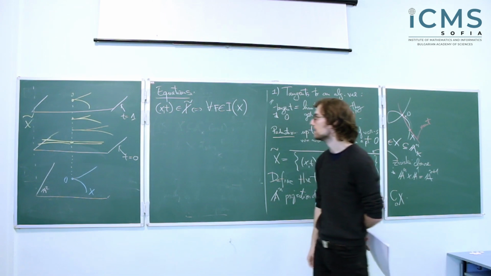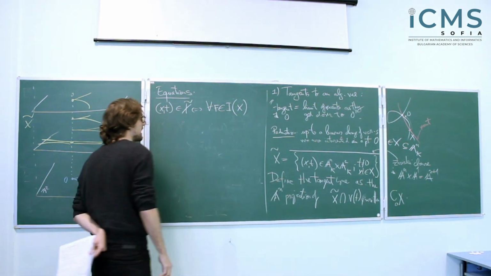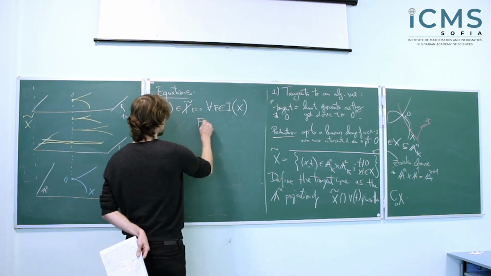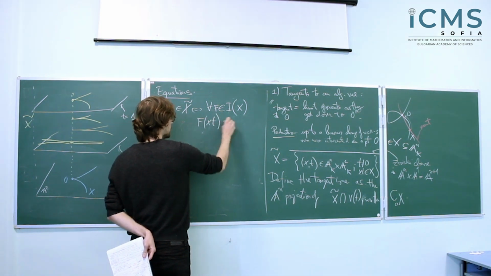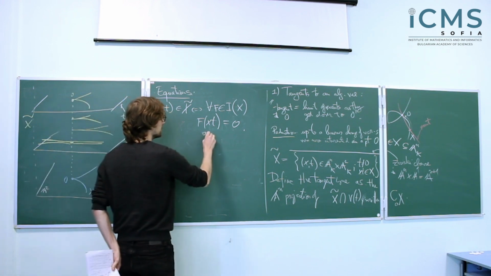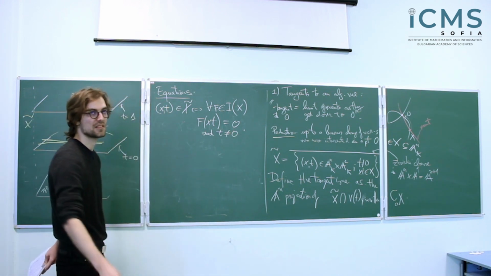I have the ideal of X, and I need to verify every equation inside this ideal. So f(x) will be equal to 0, and t needs to be different from 0. That's just an extra condition.